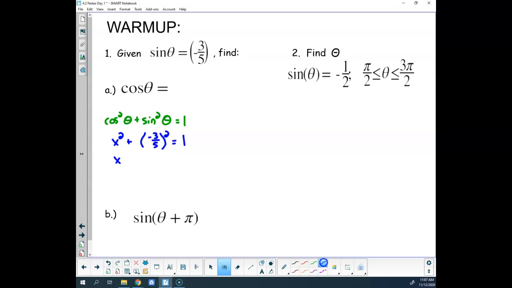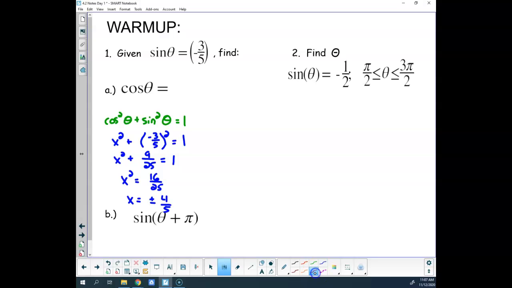So that's going to be x squared plus 9/25 is going to be 1. So x squared is going to be 16/25. So I get x here is 4/5.